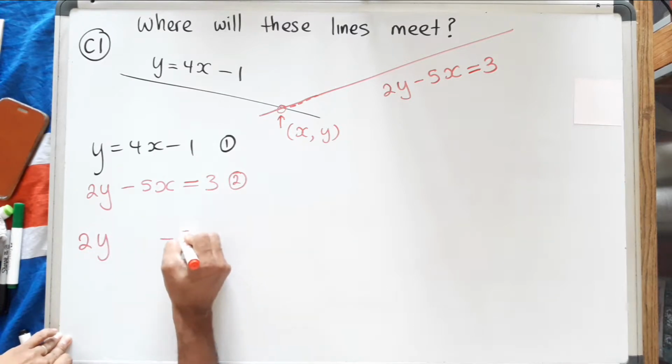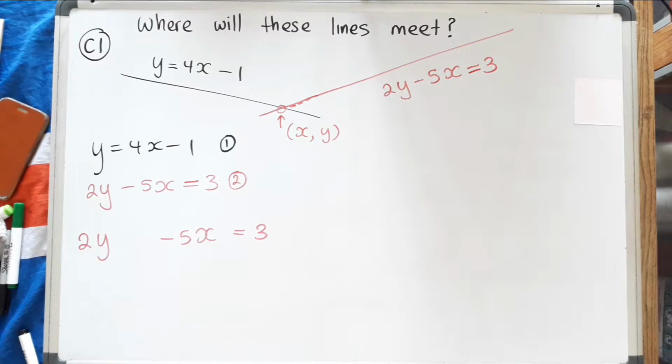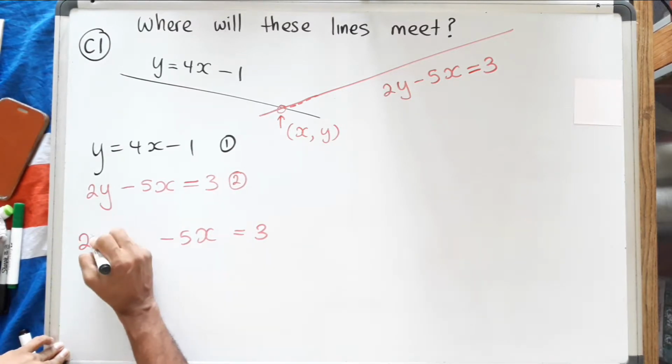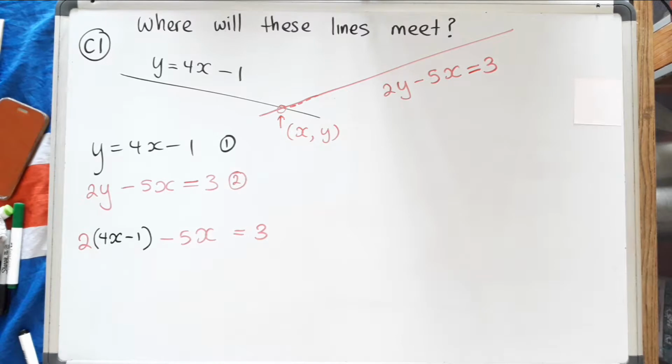I'm going to space it out a little bit. And you notice there is a y here. So I can throw this y away and replace it with 4x minus 1. And you notice I put it in brackets. I keep telling students, hey, anytime you're going to make a substitution, please put it in brackets.